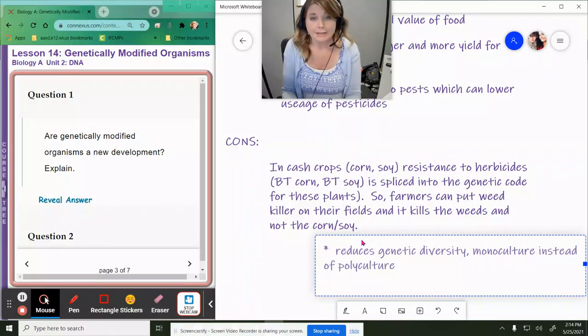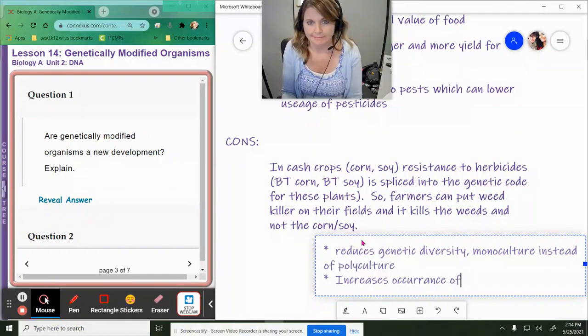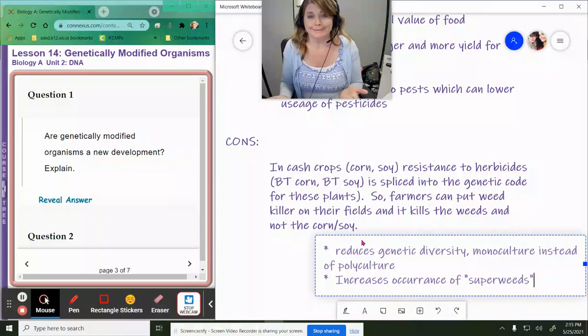Another thing it does is it increases the occurrence of things called superweeds. Basically, a superweed is like a superbug.